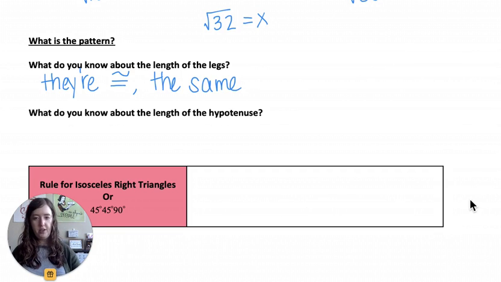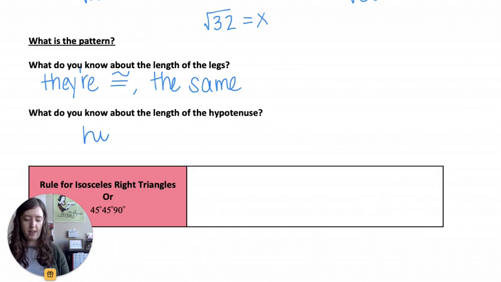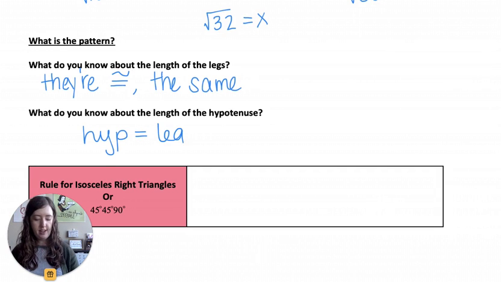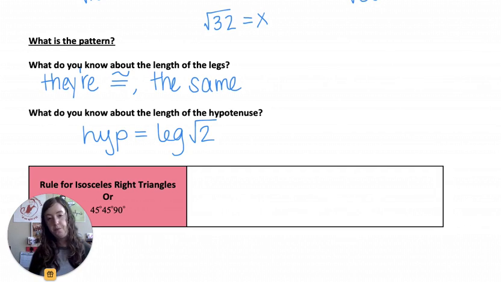And what you might have noticed about the length of the hypotenuse is that we took my leg length and multiplied it by the square root of 2. So my hypotenuse is equal to my leg times the square root of 2.